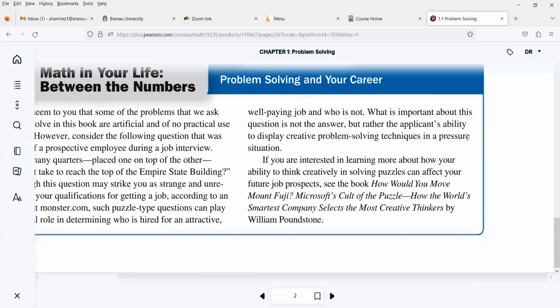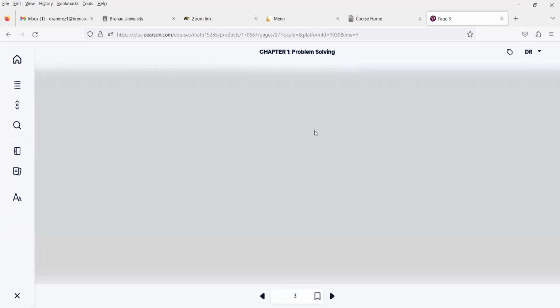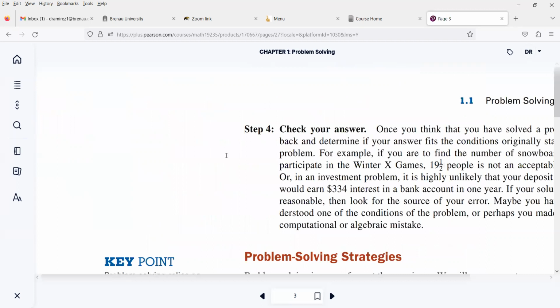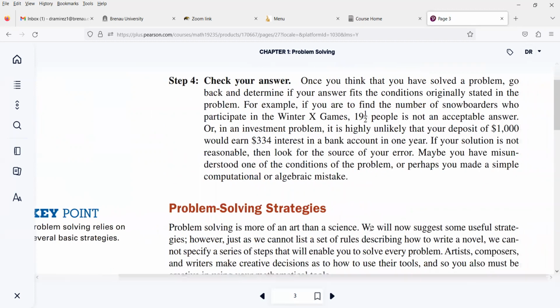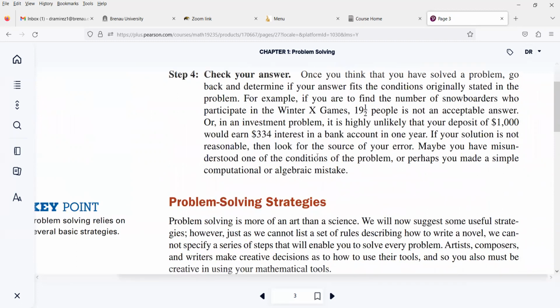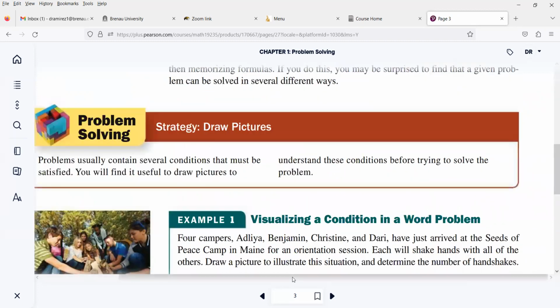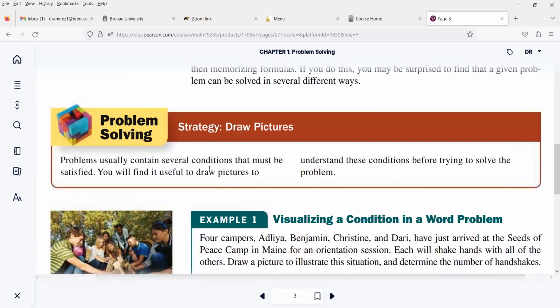Okay, so the first strategy is drawing pictures. Oh, actually, there are 4. The fourth one is to check your answer. So yes, there were 4. So strategy number 1 is to draw pictures.